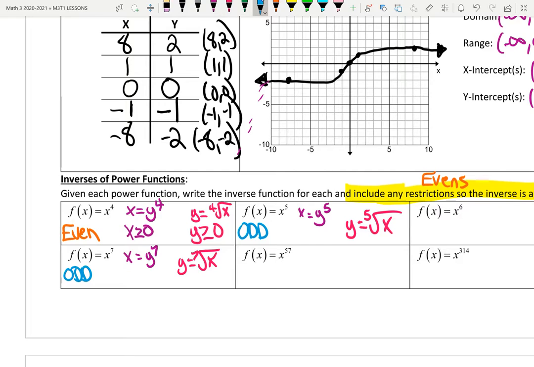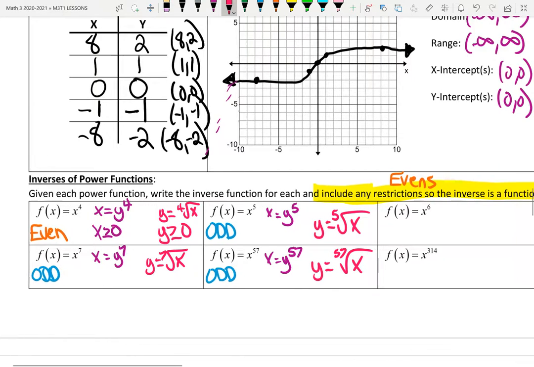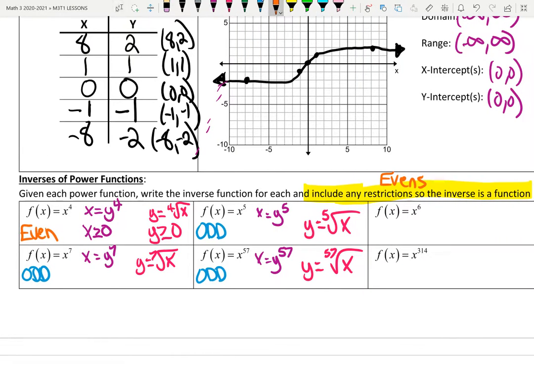Here, this next one, this is odd as well. When I flip my x's and my y's to write my inverse, x is going to be y to the 57th. And when I solve it, it's going to be y is the 57th root of x. Here, this is even.